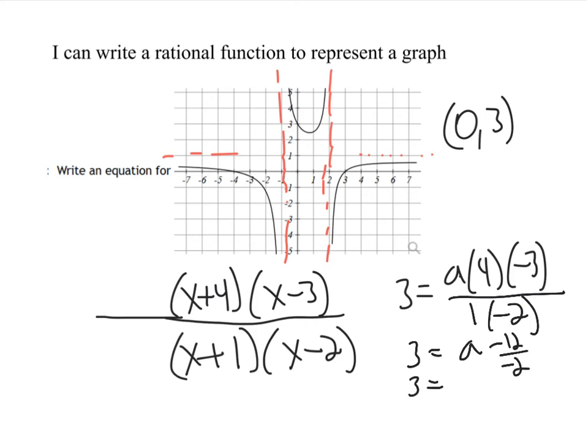So 3 equals a times 6. If I divide both sides by 6, a has to equal 1/2. So that tells me there's a stretch factor of 1/2, which who would have known that? The best way to write that is put the 1 in the numerator, the 2 in the denominator. And that will give us this graph. Graph it in Desmos and check and see. So you're not too bad.